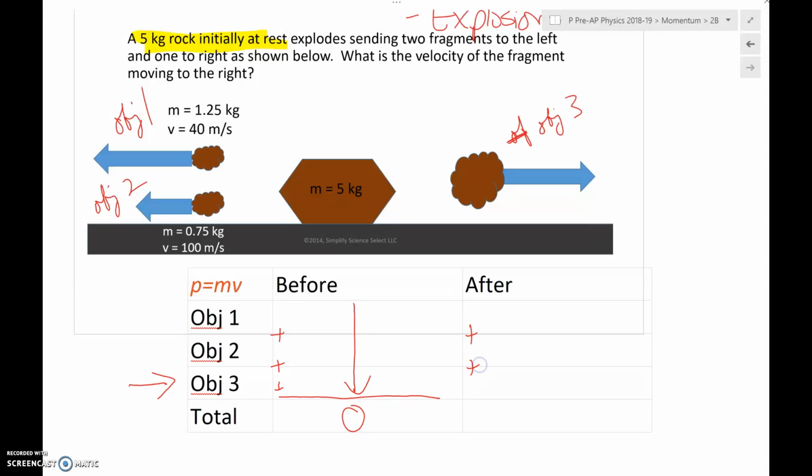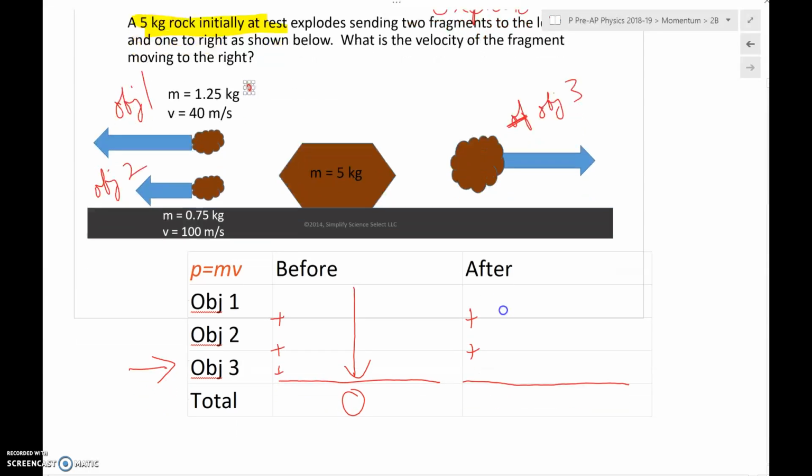Now, on the after, let's play with this a little bit. We'll start with object 1, and that has a mass of 1.25, multiplied by -40. It's negative because it's going to the left, and that gives us a momentum of -50 kilogram meters per second.